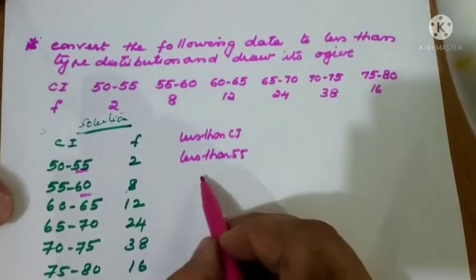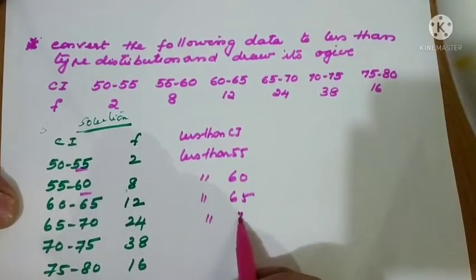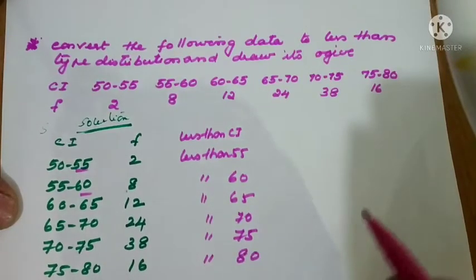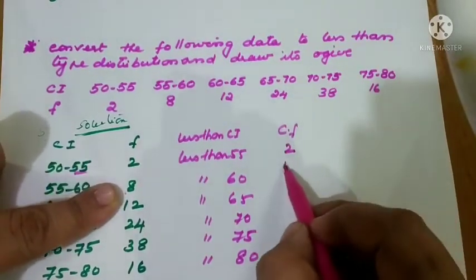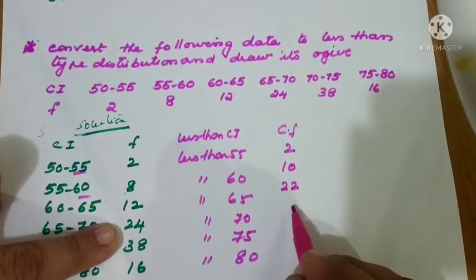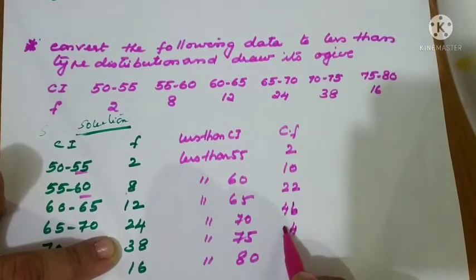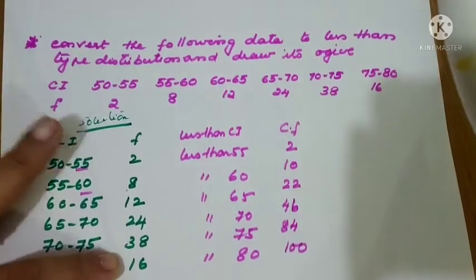It is 60, 65, 70, 75, then 80. So now next column is CF. So 2 plus 8 is 10, 10 plus 12 is 22, then it is 46, 84, plus 16 is 100. So our CF we got it.